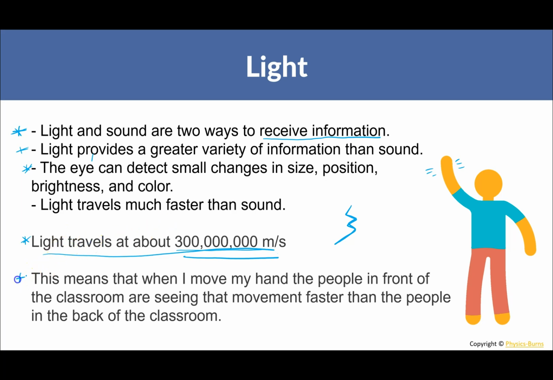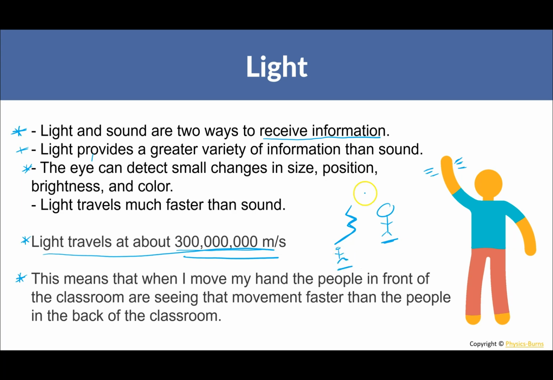This means that when I move my hand, the people in front of the classroom are seeing that movement faster than the people in the back of the classroom. So we have people in the front over here, and maybe people in the back over there. If you're moving your hand, you think that this person and this person see the hand moving at the exact same time. You think that visual happens instantaneously.